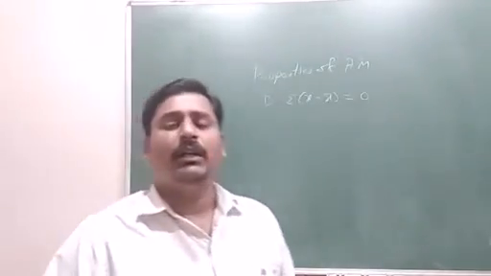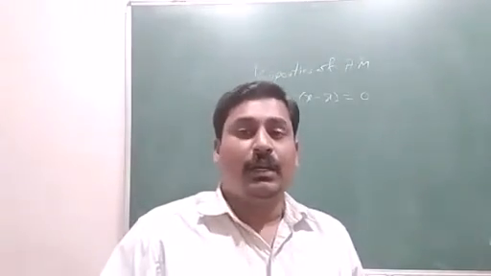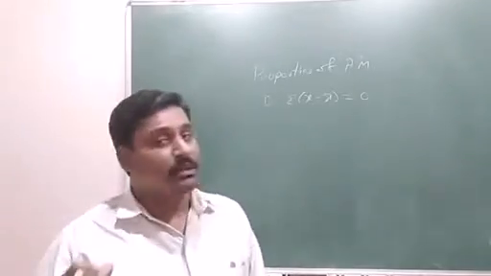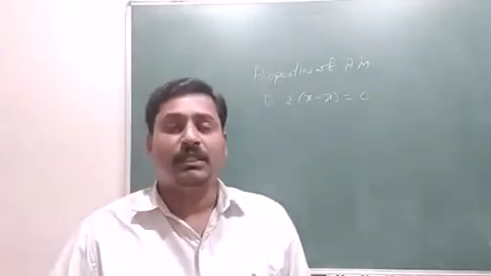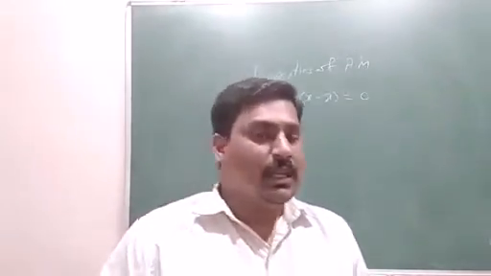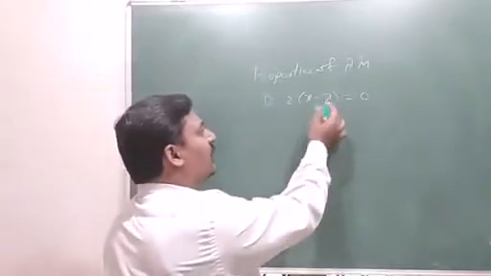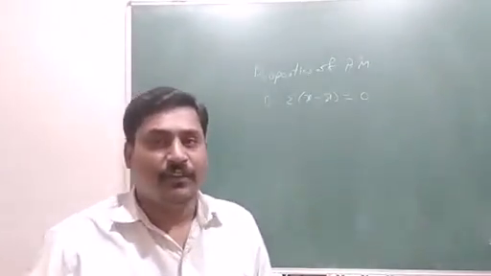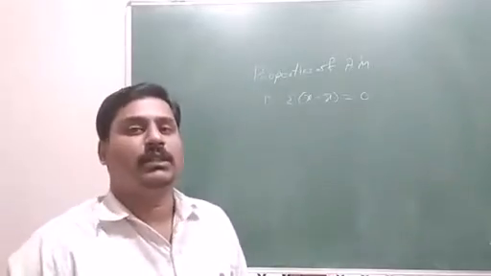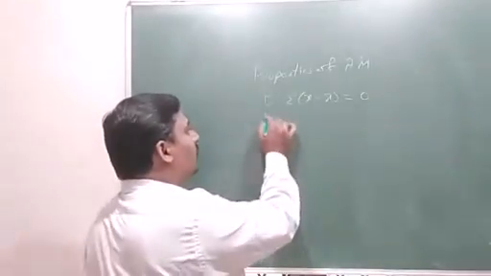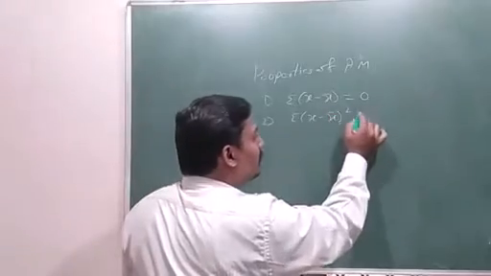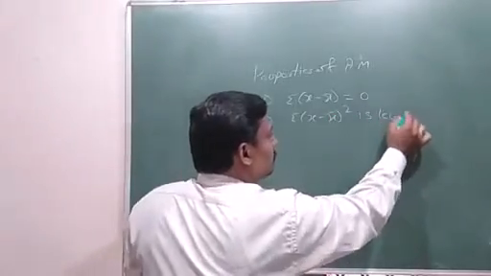The second property is that the sum of the squares of the deviations of observations from its arithmetic mean is the least. That is, if we square these x minus x bar values, the deviations from the arithmetic mean, and total them, that total will be the least. That is, the summation of x minus x bar square is least.